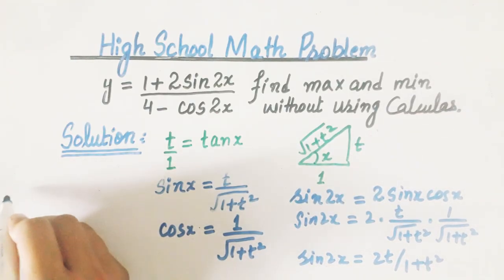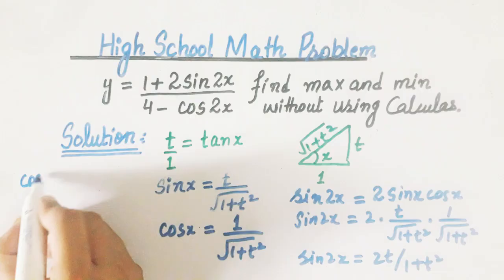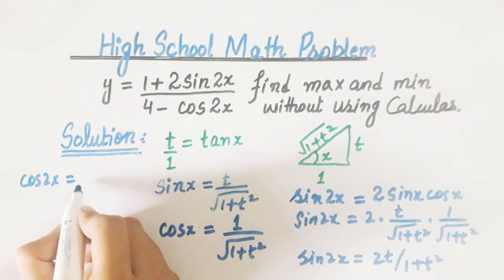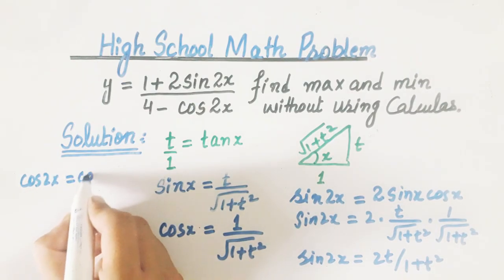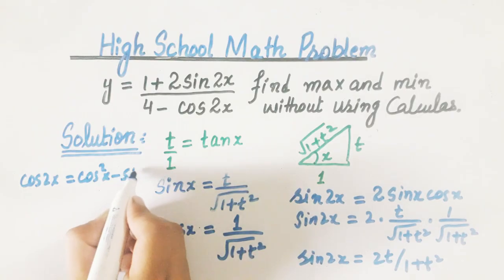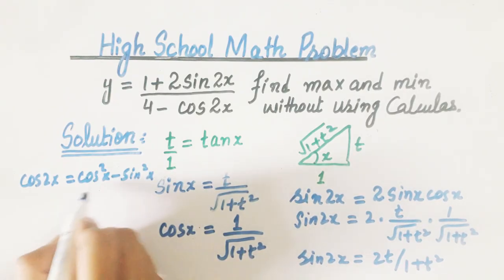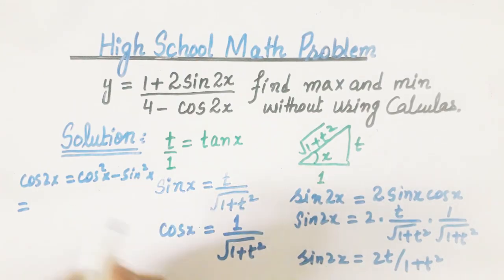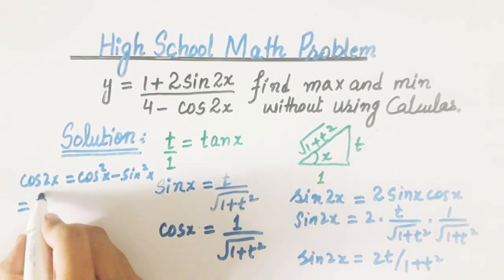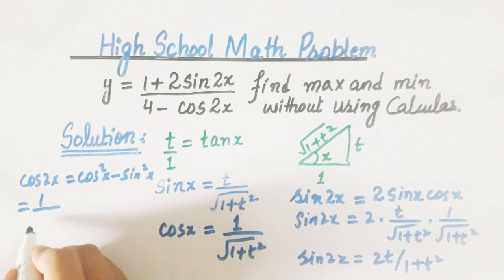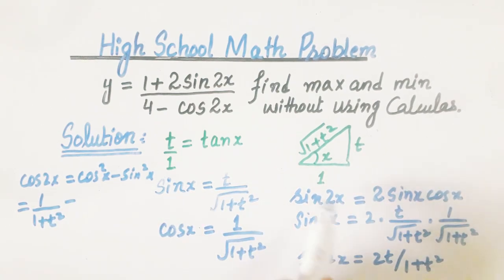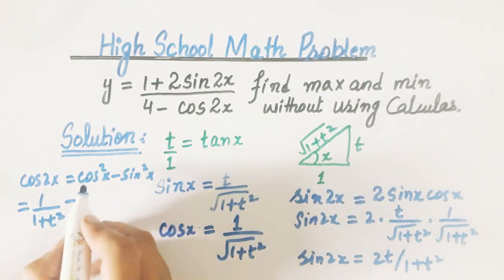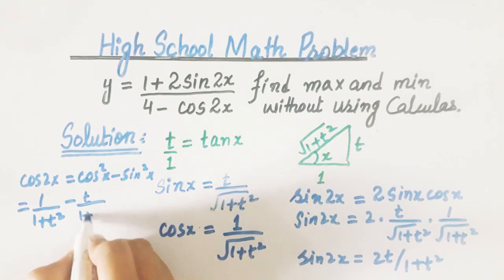Now we will write the value of cos 2x. According to the formula, cos 2x equals cos square x minus sin square x. Now substitute the values in this: cos x is equal to 1 over square root 1 plus t square, so by taking the square it will become 1 over 1 plus t square, minus sin x equal t over square root 1 plus t square, so by taking the square of this we will get t square over 1 plus t square.